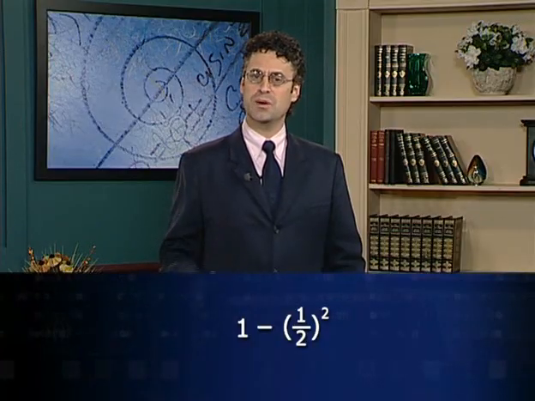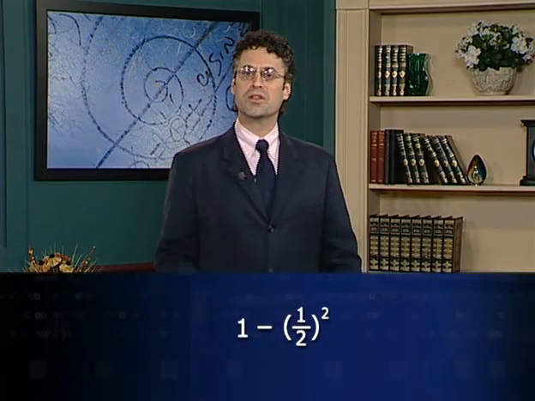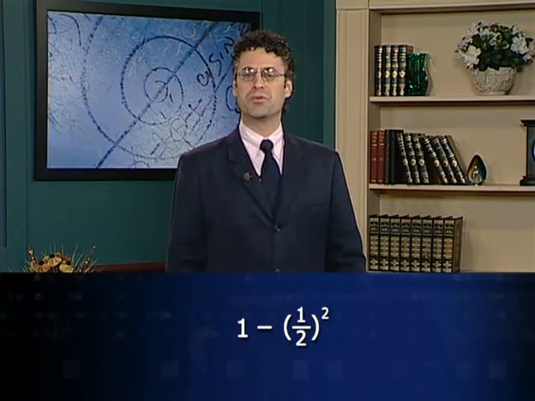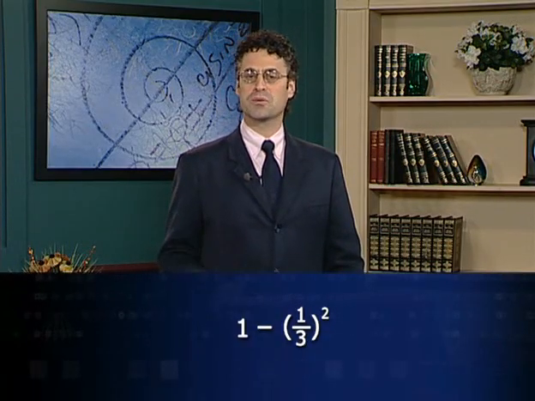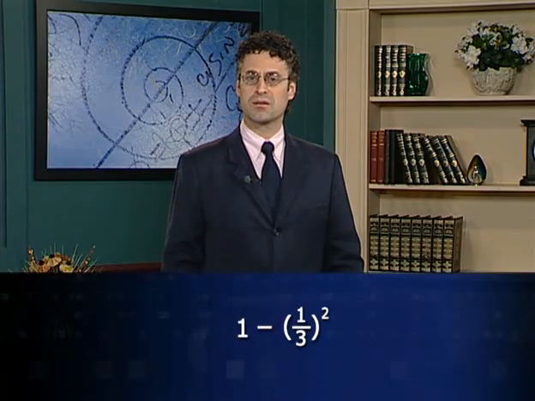Well, applying our method for answering the easy question of a number not being a multiple of 2, we see that the likelihood of not being a multiple of 2 squared equals 1 minus 1/2 squared. The likelihood of not being a multiple of 3 squared equals 1 minus 1/3 squared.